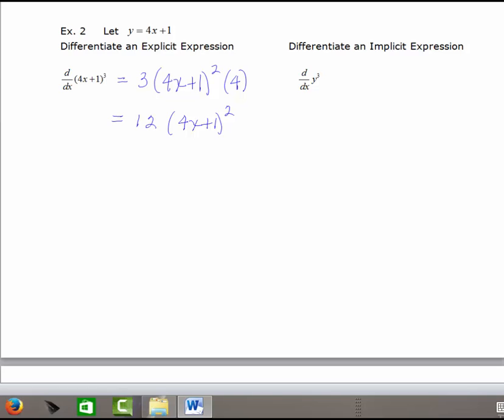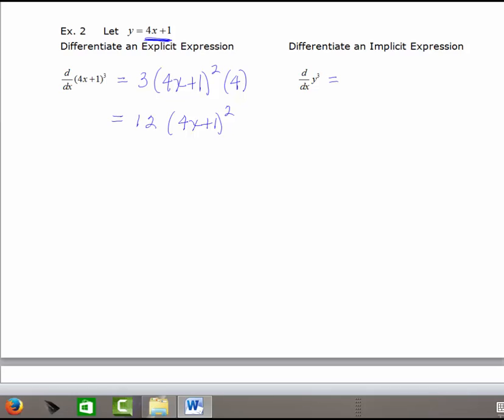Now, if we look over here, we've got the derivative of y cubed with respect to x. Now, we're taking a derivative with respect to x, and so the function itself is a function of x. And so y cubed is some function of x. And even though we're not stating that that function is 4x plus 1, we're going to take the derivative just the same.